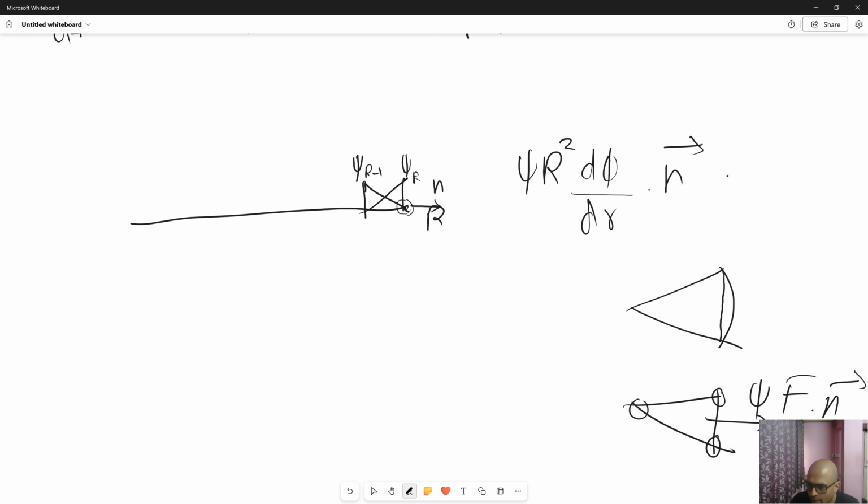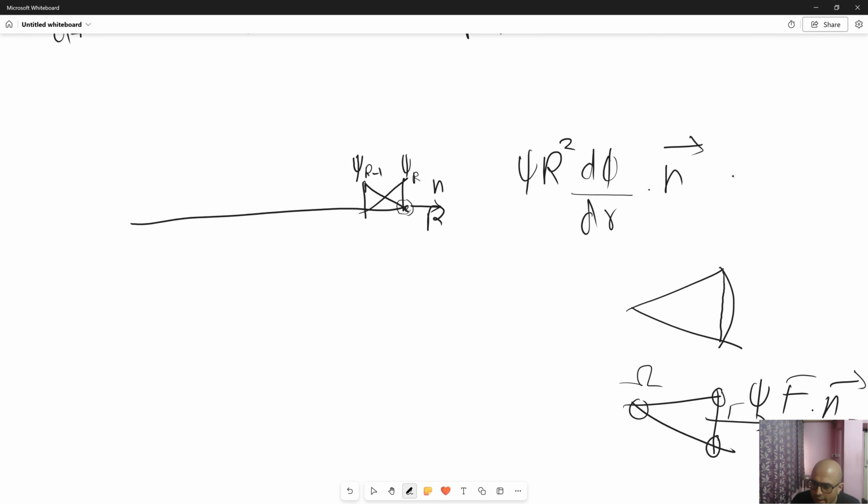So this would be integration over this boundary gamma. So this is omega, which is your domain inside, and gamma is your boundary. So really this term at the boundary is basically a boundary integral.